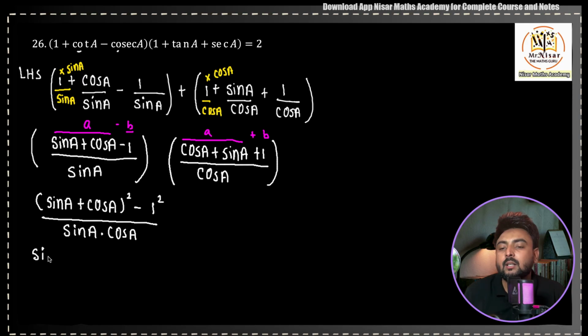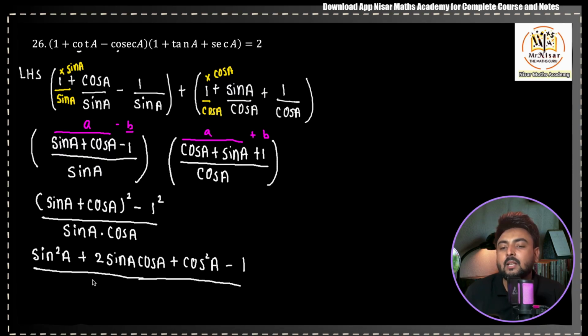A square plus 2 into a into b plus b square. B is what here? Cos is b, so cos square a, minus 1 we have as it is. So I have applied the formula a plus b whole square, and what we have in the denominator here? Yes, we have sin a into cos a.